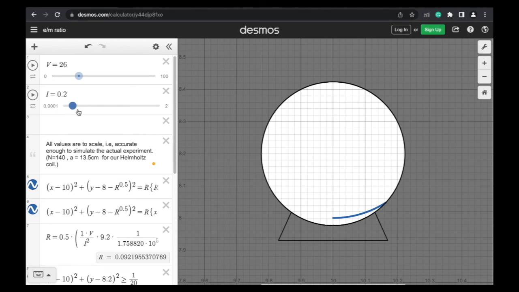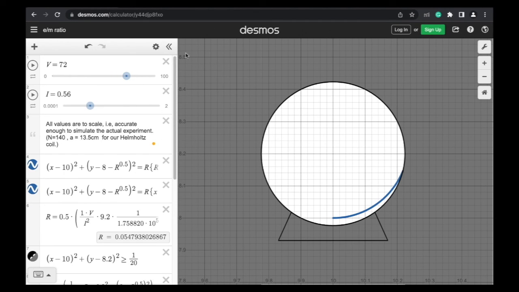As you can see, when I increase my current, the radius of the circle decreases. And when I increase my voltage, the radius of the circle increases. I'll attach the link to the simulation in the description.